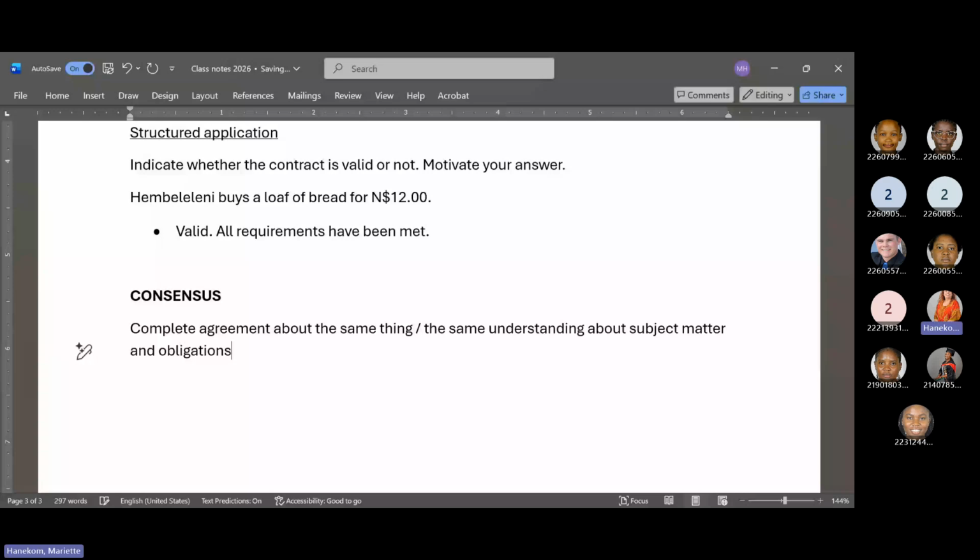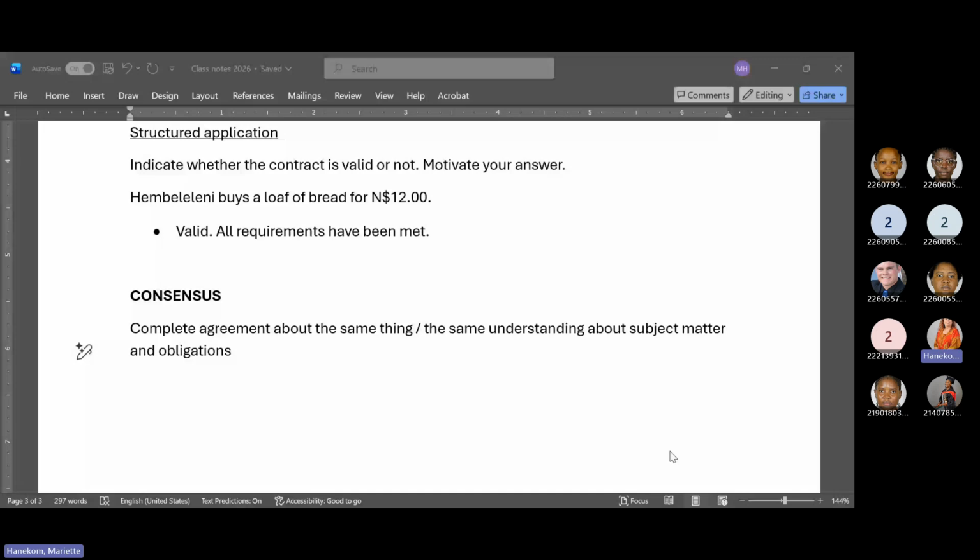If Narisha and Celine enter into a contract regarding a cell phone, Celine wants to use Narisha's cell phone for a week, and Narisha says yes. Celine is under the impression that Narisha is lending it to her, whereas Narisha thinks that Celine will be paying for it.